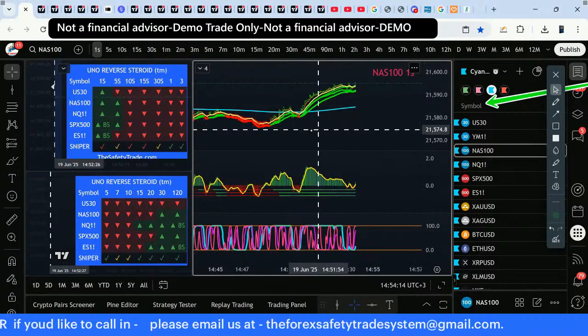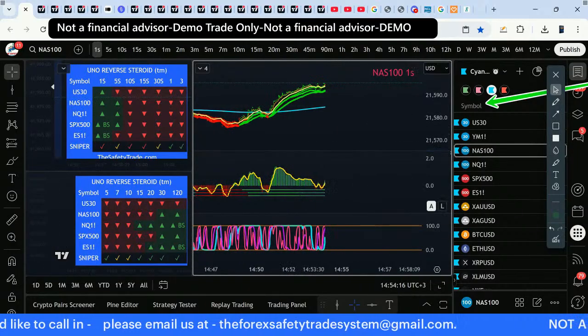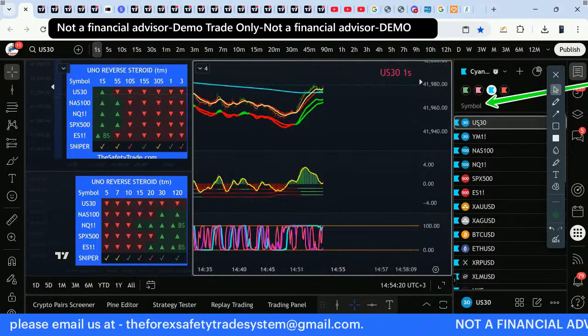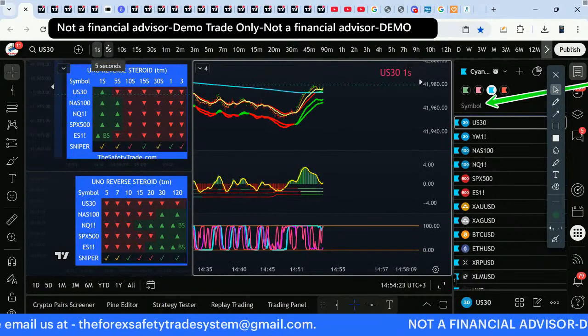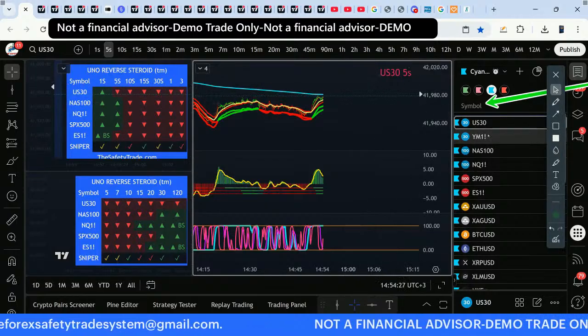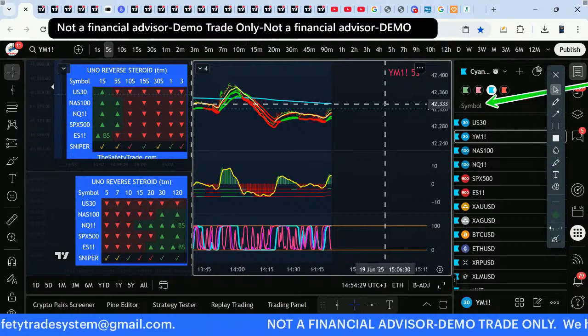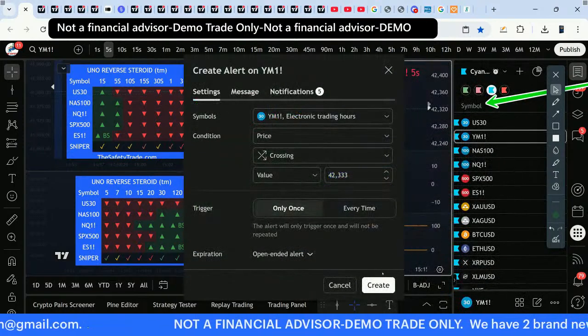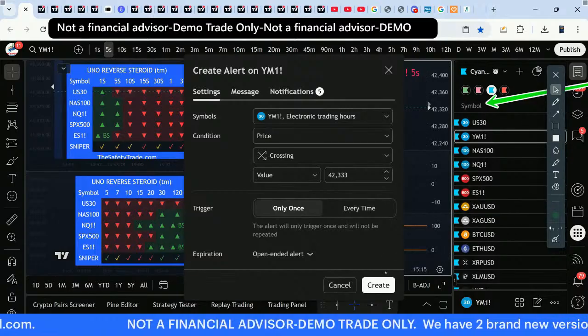All previous callouts are in the money for NAS 100 on the buys. You still have time for US 30. Buy to the 5-second blue line, US 30. It's going to go to the blue line. YM1, 5-second buy to the blue line on the 5-second. As I told you, these were going to flip before market open. I told you so.